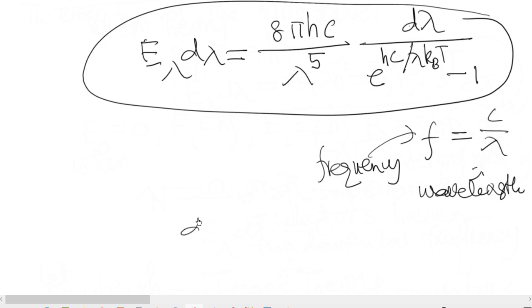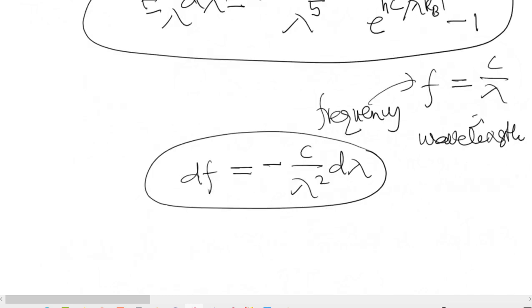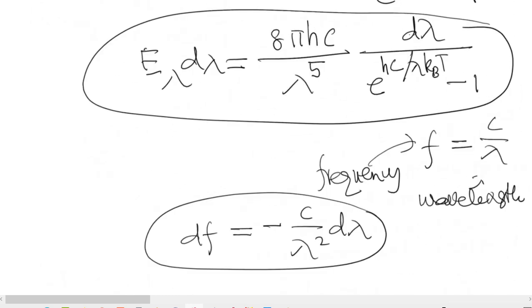We can write down df equal to minus c by lambda squared d lambda, and we can then write down this formula, Planck's formula, in terms of frequency instead of in terms of wavelength.